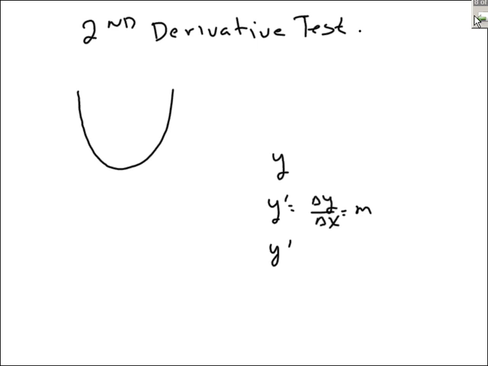The second derivative gives you the change in the slope with respect to x. How is the slope changing? Well, let's see. Here, the slope maybe is negative 100. Over here, it's less negative.